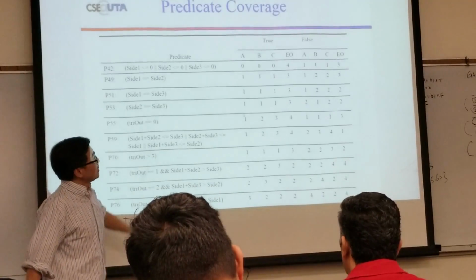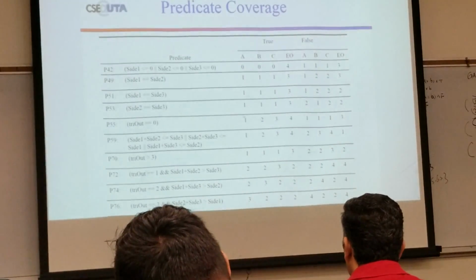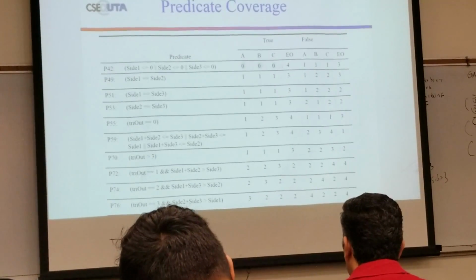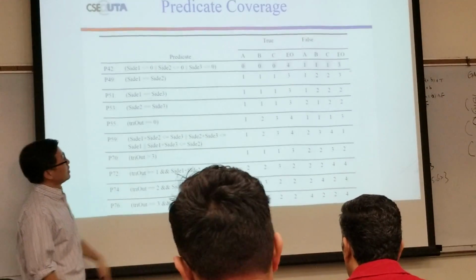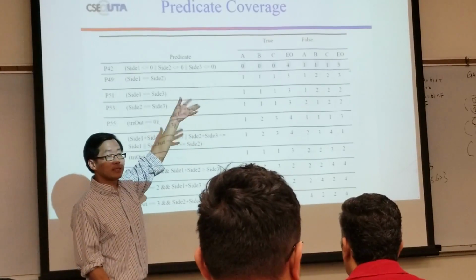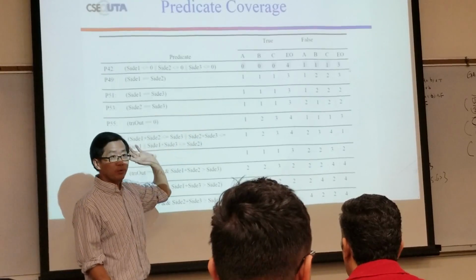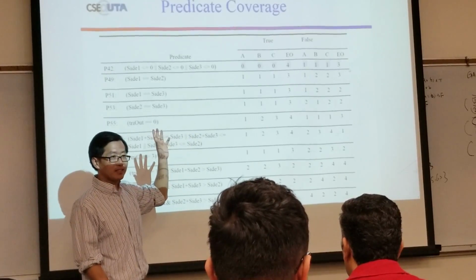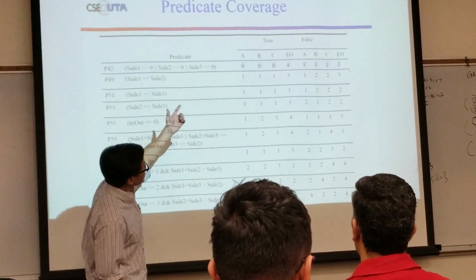But in addition, you have to make sure whatever test cases you generate here, ABC represents S1, S2, S3, and EO represents, can you guess? Expected outcome.